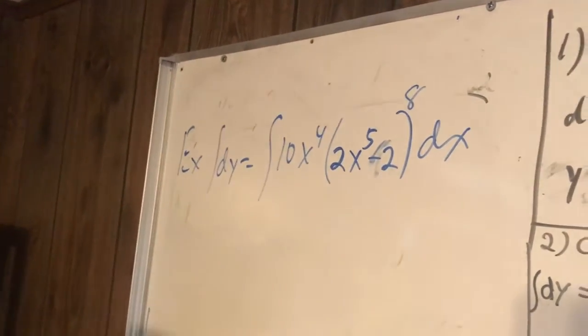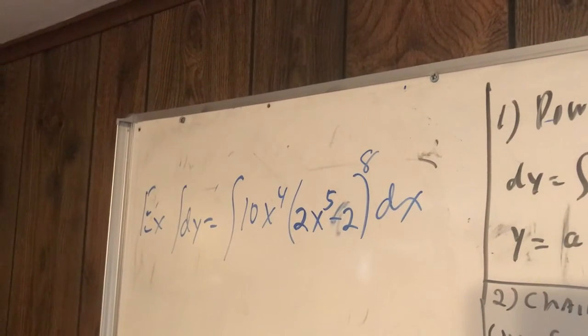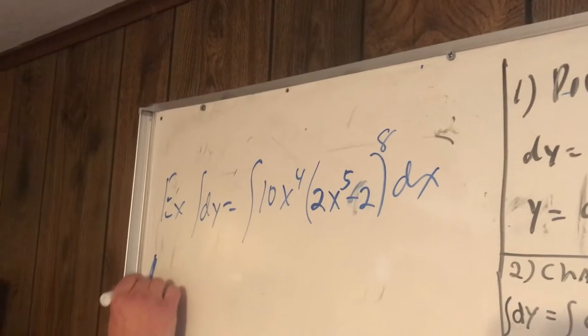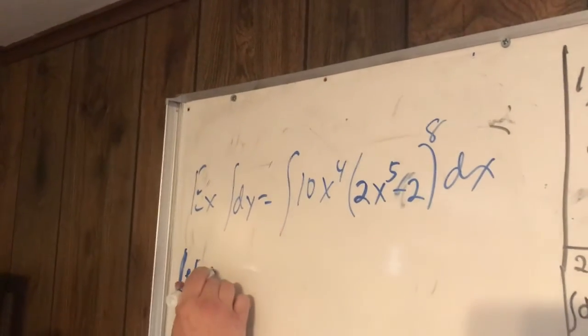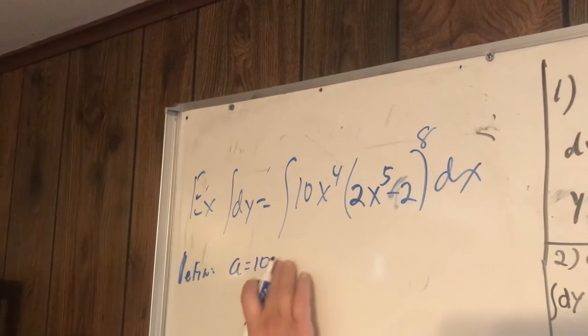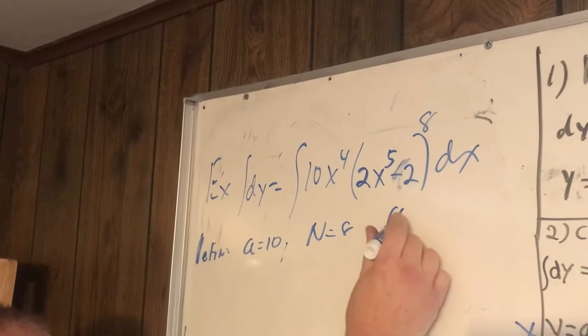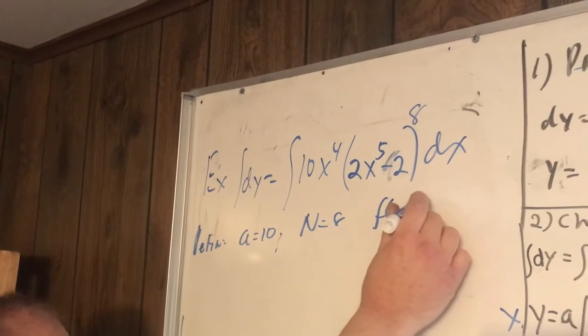Making this one on the spot. Okay, let's see what we have here. Let's define our terms. A is 10 in this case. N is 8. f of x is x to the fourth.